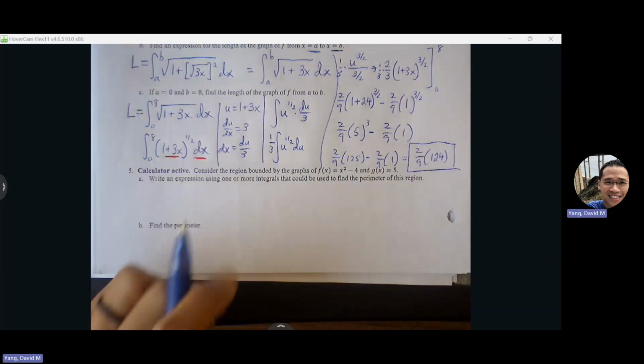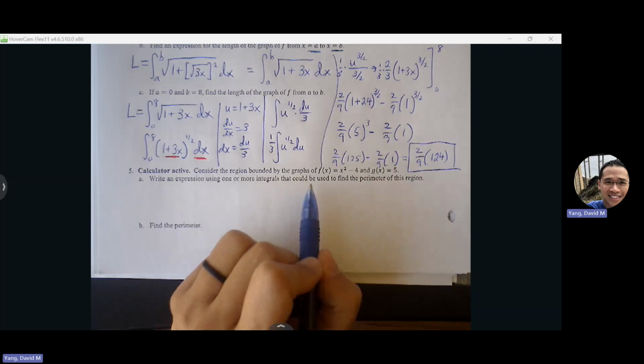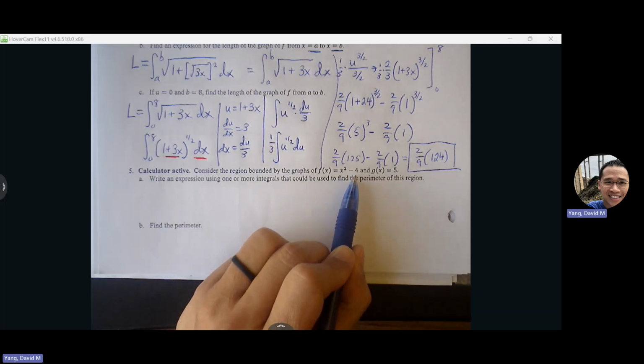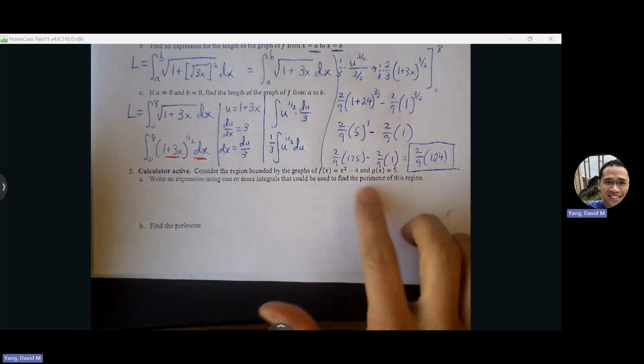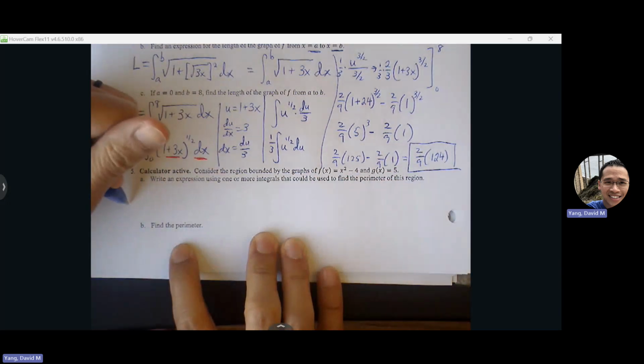All right, number 5. Consider the region bounded by the graph of y equals x squared minus 4 and y equals 5. So if you think about y equals x squared minus 4, the graph looks something like this.